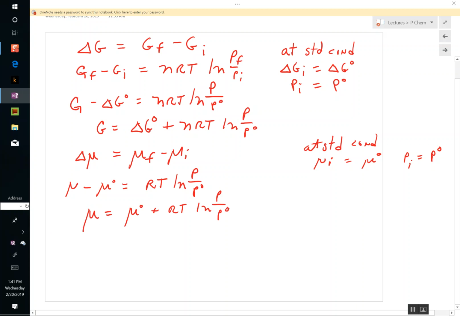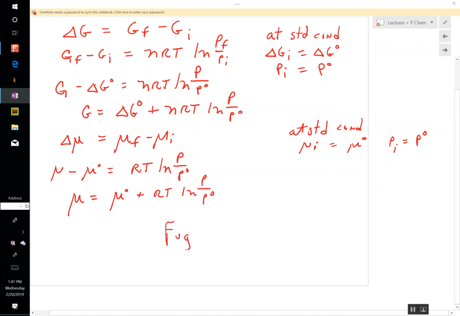Okay, when we get down to this point right here, just talking more or less ideal gases, here's where fugacity is introduced. Fugacity f is equal to a fugacity coefficient times pressure.